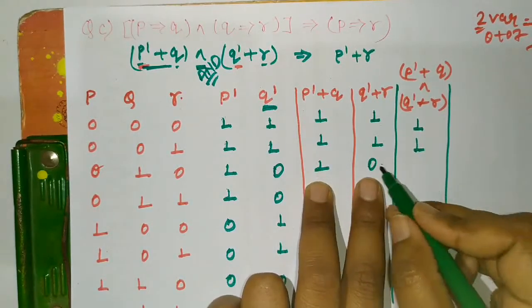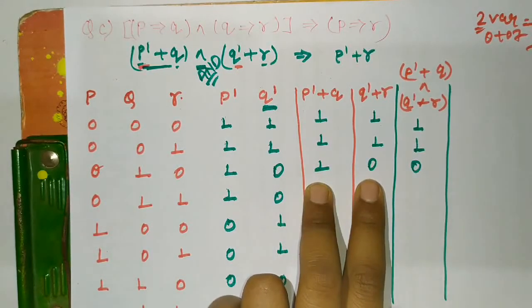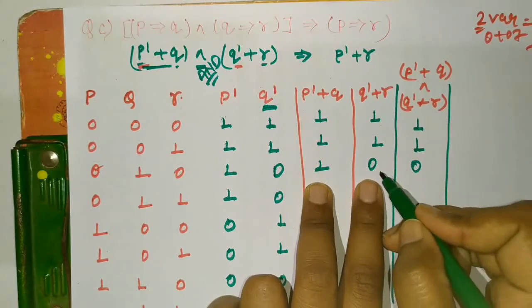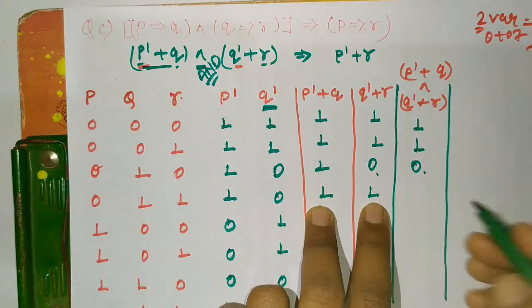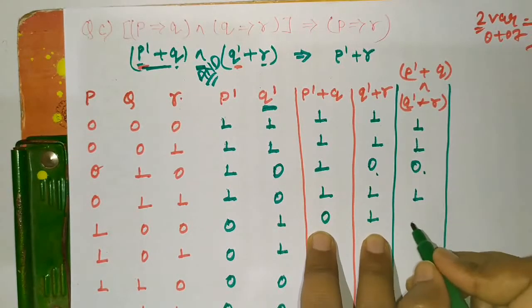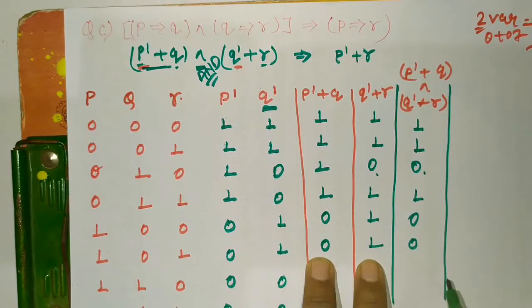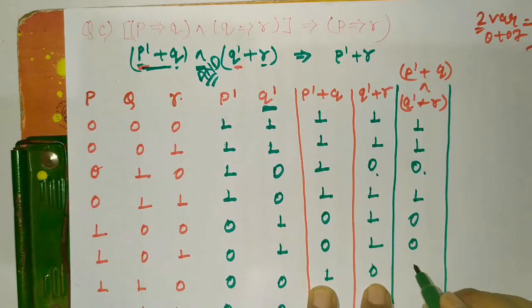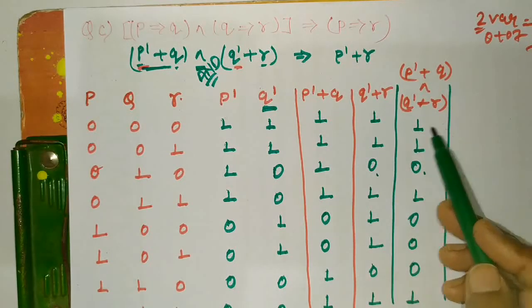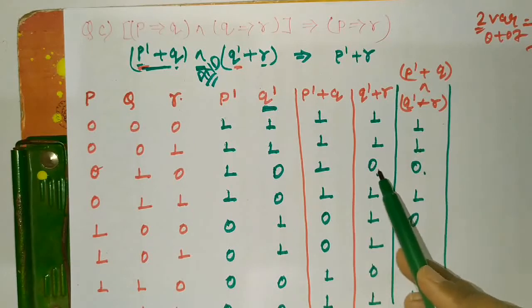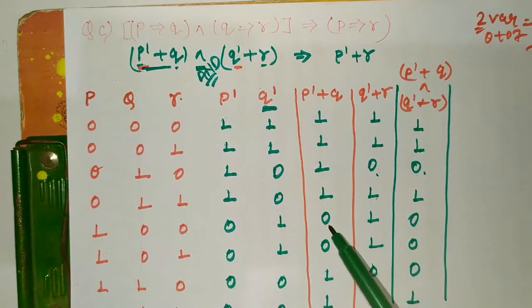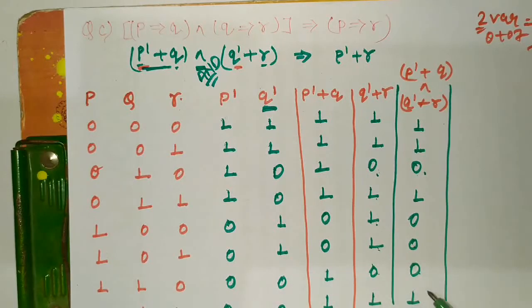Then 1 into 0 is 0, because in an AND operator if any input is 0, the result is 0. 1 into 1 is 1. 1 into 0 is again 0. 1 into 0 is again 0. 1 into 0 is again 0 and this is the 1. 1 into 1 is 1. 1 into 1 is 1. 1 into 0 is 0. 1 into 1 is 1. 0 into 1 is 0. 0 into 1 is 0. 1 into 0 is 0. 1 into 1 is 1.